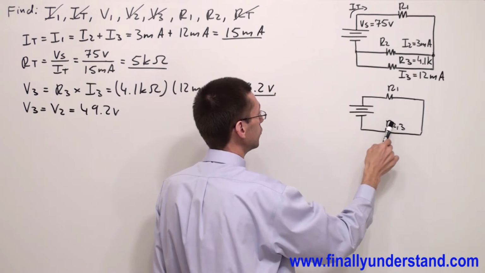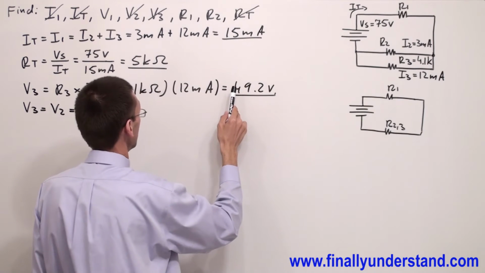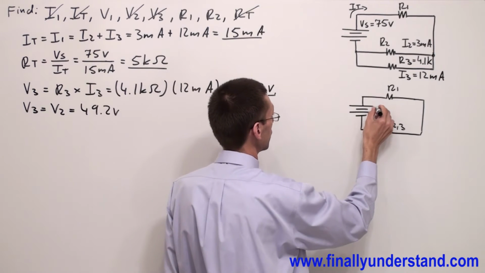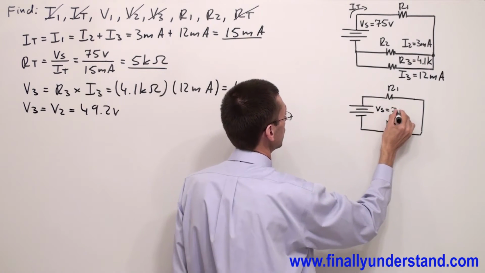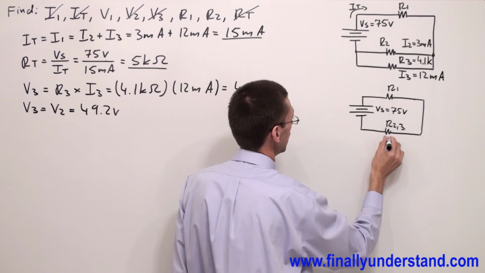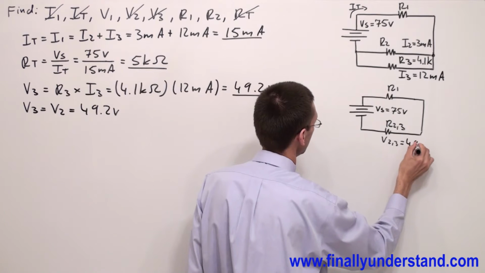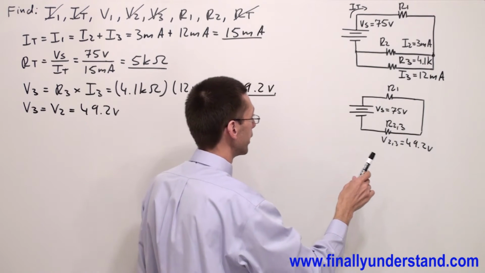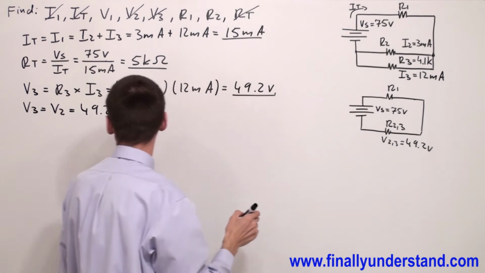Okay, I know the voltage across this resistor, and we found this voltage is 49.2 volts. We have also voltage source. Okay, let me write this down. I have 75 volts voltage source, and I have V23 equals 49.2 volts. So if you are going to use KVL, you can find voltage across resistor R1.